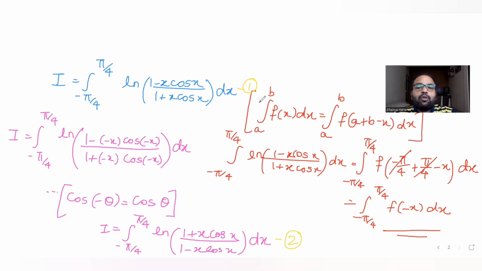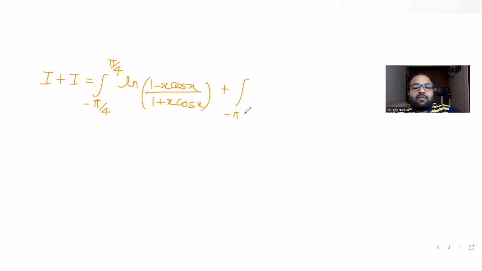Now if I add both of these, both of them are the same I. So I plus I is equal to the integral from minus pi by 4 to plus pi by 4 of log of (1 minus x cos x) upon (1 plus x cos x), plus the integral from minus pi by 4 to plus pi by 4 of log with 1 plus x cos x in the numerator and 1 minus x cos x in the denominator, dx.